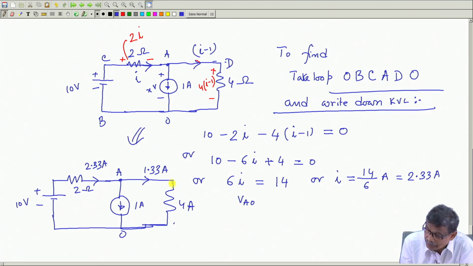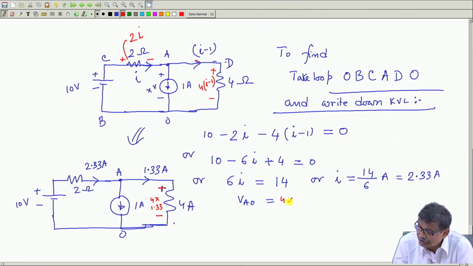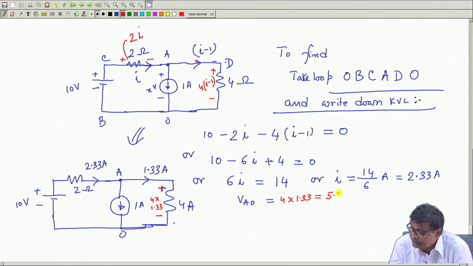So, if you go via this path, this voltage will be 4 into 1.33, so how much is it? 5.33 volt.